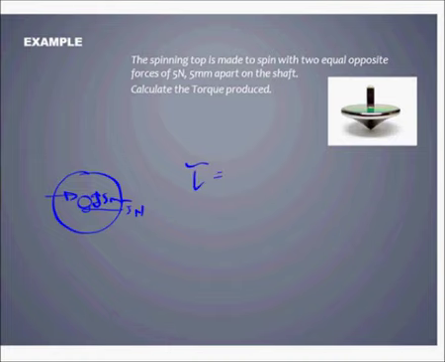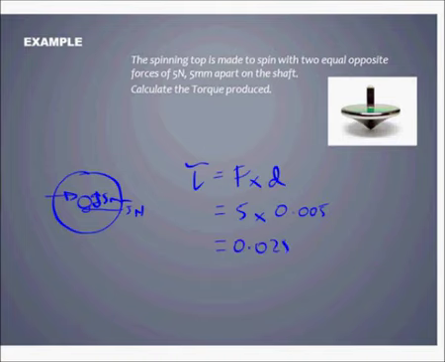So torque is equal to force times distance between them, and the force in this case is 5 multiplied by 0.005 meters. Okay, and you find out what that is equal to. Okay, 0.025 Nm, making sure you're in meters.